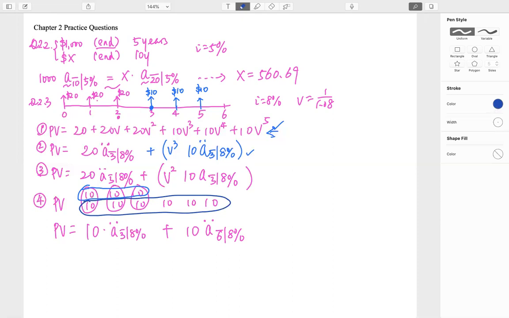This is a very, very helpful idea when we move further on, when we study something more complicated. This is basically depackaging everything. Here I did a little trick by separating the first three $20 into 10 plus 10. So I can easily package them into 2 different annuity dues, right?